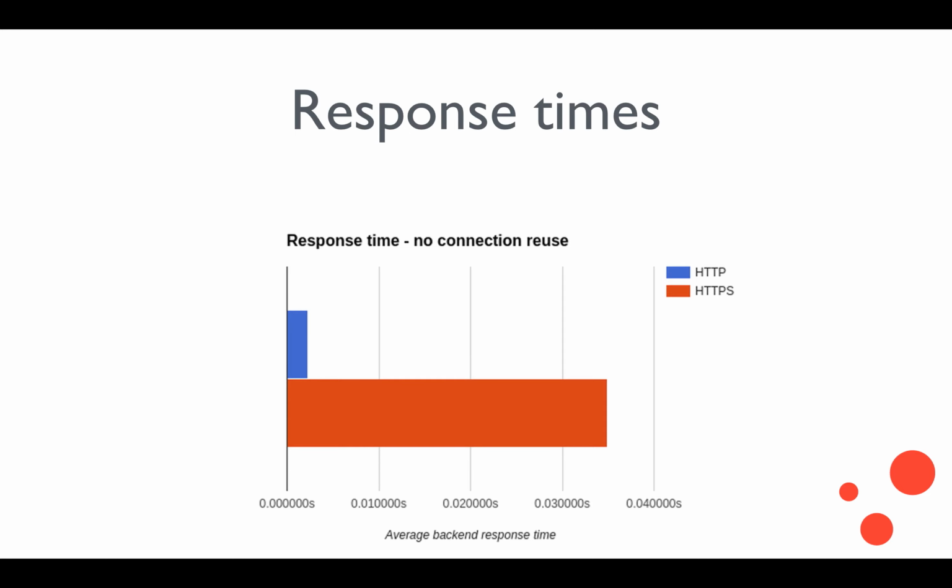And we can see that the difference between HTTP and HTTPS is significant. The latency adds 15 times when enabling the encryption. But as we talked about earlier, Varnish will reuse connections whenever it can, and that will help with this picture, so it doesn't look so bad normally.